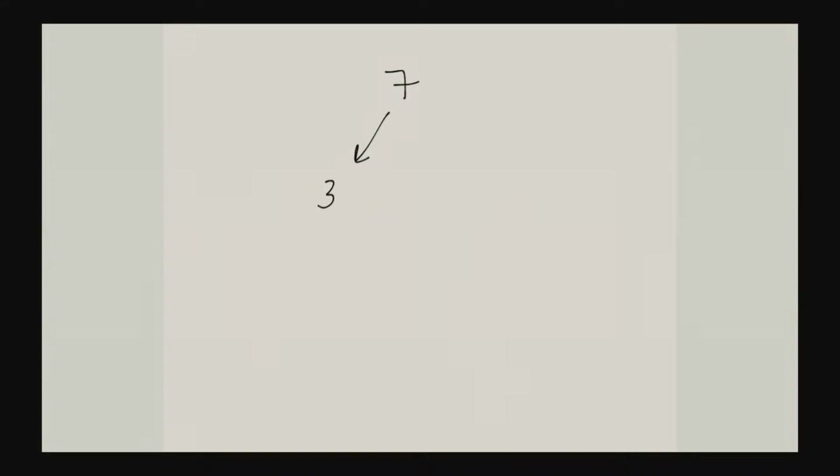So if we have, again, going back to our original tree, we start at 7. We have 3 on the left, 9 on the right, and then beneath the 3, we have 6. If we want to search for, say, the number 6 in this tree, we'd start at the root.